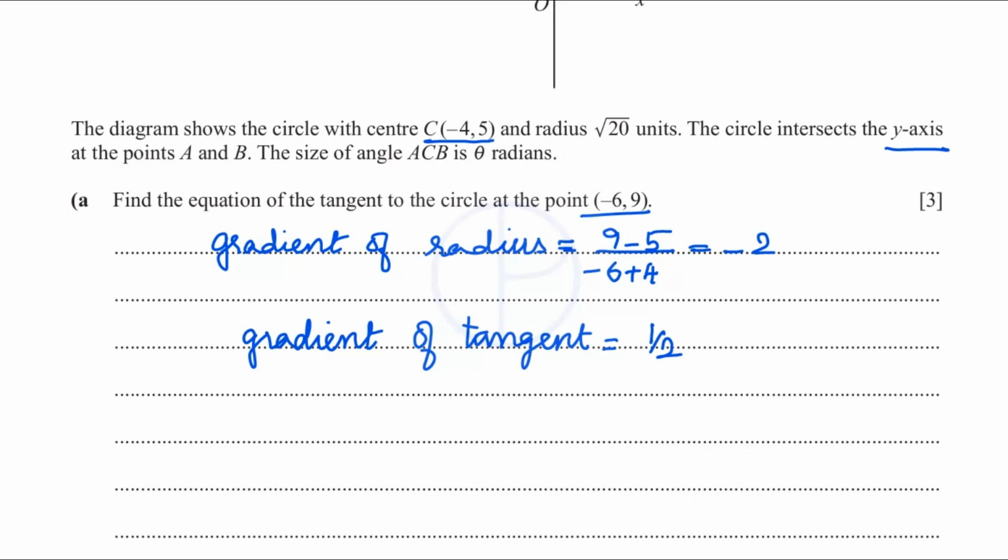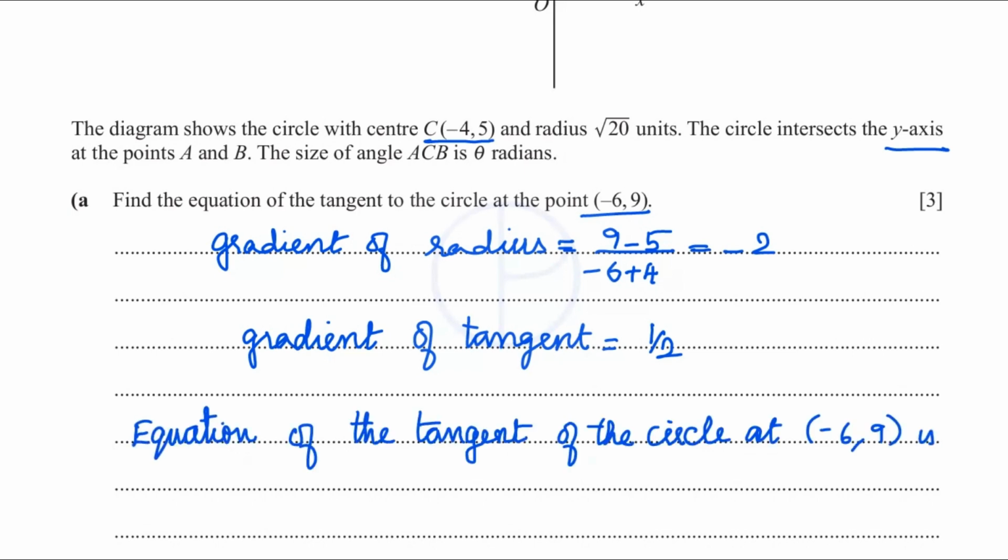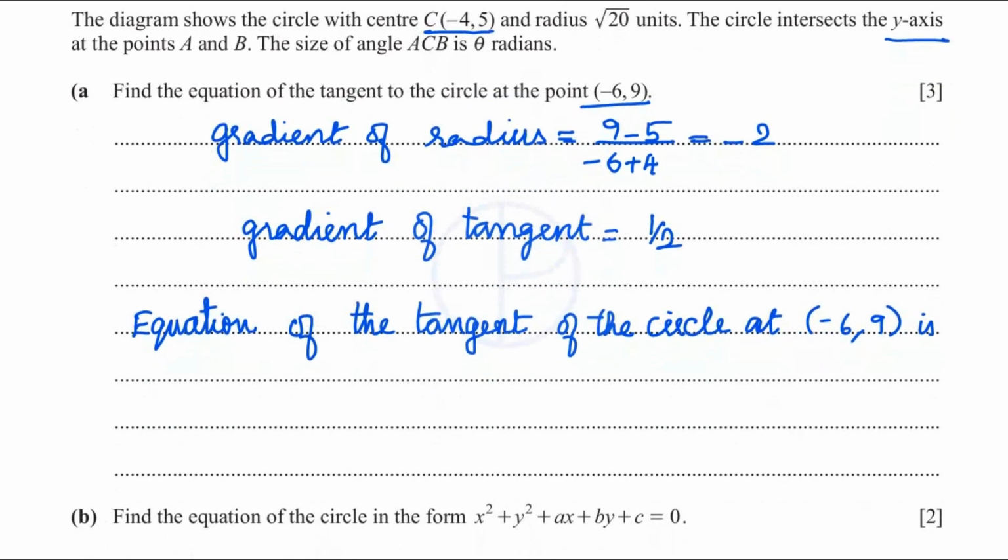Let's write the equation of the tangent to the circle at the point (-6, 9). y minus y1, which is 9, equals gradient 1 over 2 multiplied by x minus of minus 6, so you get plus 6. So y is equal to 1 over 2 x plus 3 plus 9, so 12.